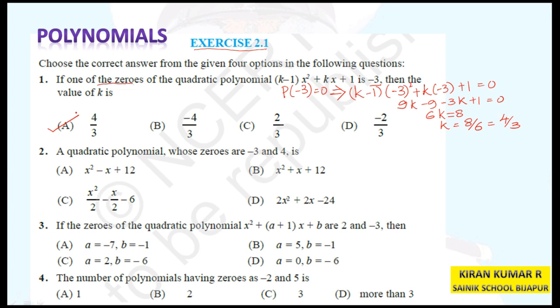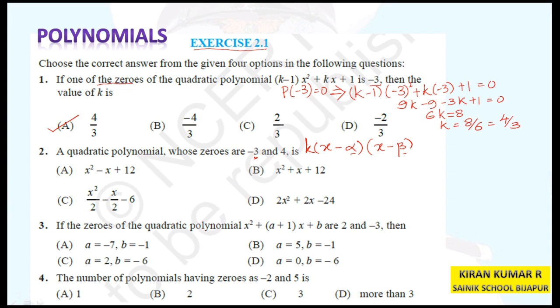Look at the second one. A quadratic polynomial whose zeros are minus 3 and 4 is. We have to find out the quadratic polynomial now. We have learnt in previous sessions that any quadratic polynomial will be of the form k times (x minus alpha) multiplied by (x minus beta), where alpha and beta are the zeros.